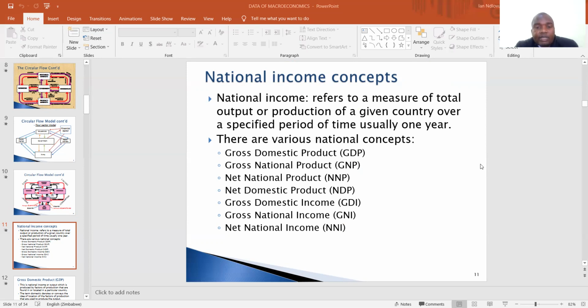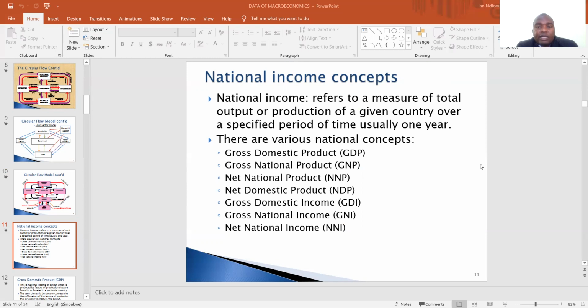But national income aggregates, I must note, ladies and gentlemen, can be calculated over a 3-month period. In fact, advanced economies like the United States of America, the United Kingdom, Japan, for instance, and Canada as well, and Australia, are now able to calculate what are known as quarterly national income statistics or quarterly GDP statistics.